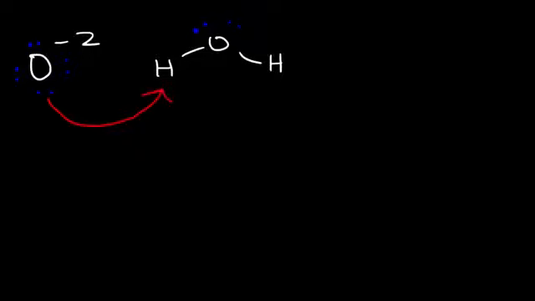So this is oxide. It's basically an oxygen atom with 4 lone pairs. And I'm going to draw the Lewis structure of water. This oxygen has 2 lone pairs. So oxide is going to use one of its lone pairs to take a hydrogen atom from water.